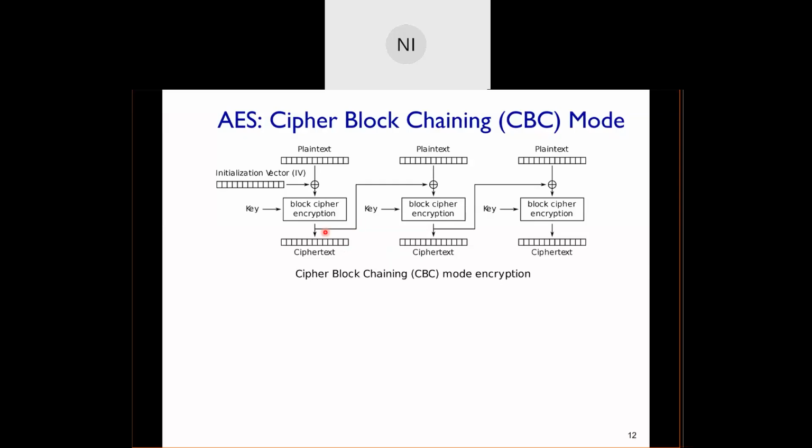That is achieved by not reusing the initialization vector, by changing the initialization vector to the output of the previous encryption operation. That way, even though there is repetition in the plain text, the ciphertext that is produced is not identical.